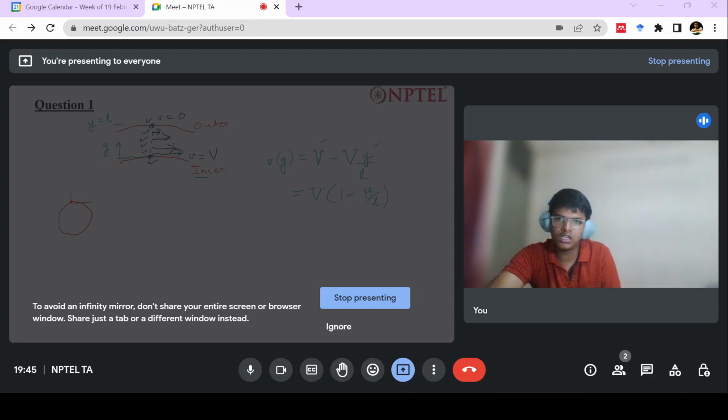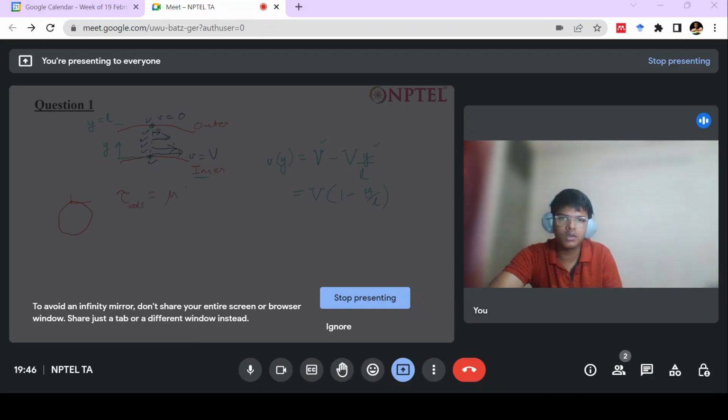So the tangential stress. I am currently focused on stress, which is the force per unit area. This stress component due to viscous effects at the wall is represented by tau wall.